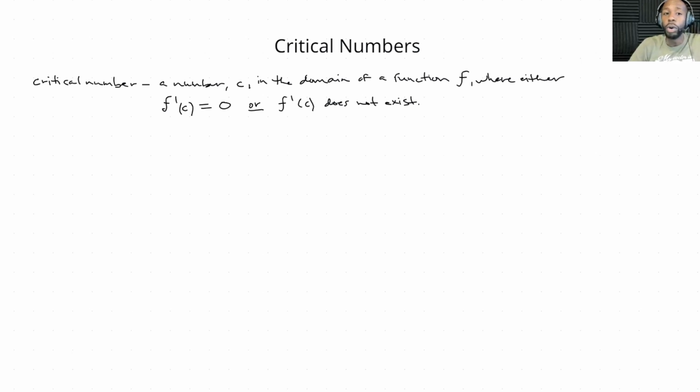However, not every place where the derivative equals 0 is a place where you have a maximum or a minimum. That's a whole separate conversation. Here we're saying a critical number can be where the derivative is equal to 0 or where the derivative does not exist. So either place, the derivative can be 0 or it can just straight up not exist.